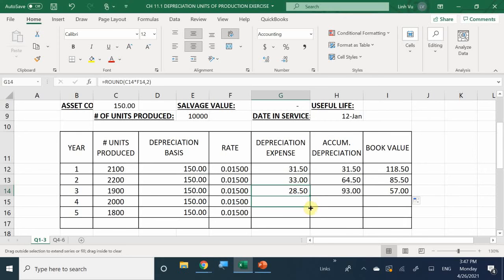Okay, $30. It's going to be your 2,000 times the 1.5 cents. $30, good. Then $123 accumulated depreciation. Good.